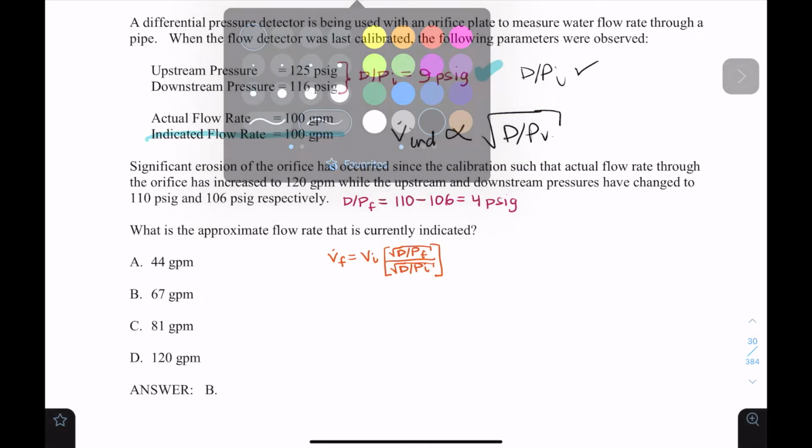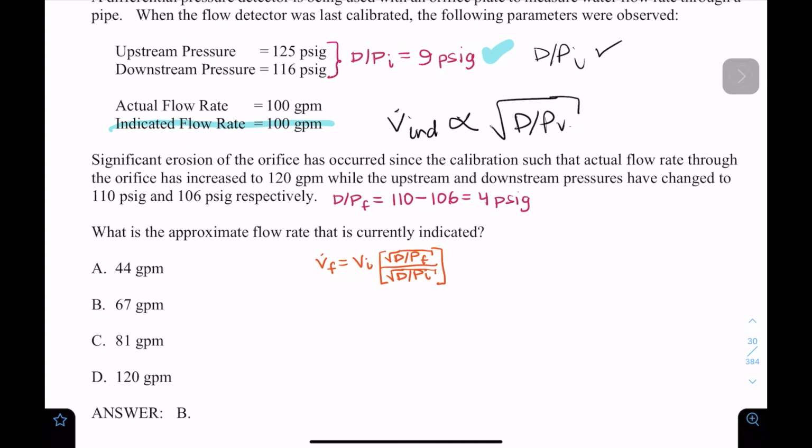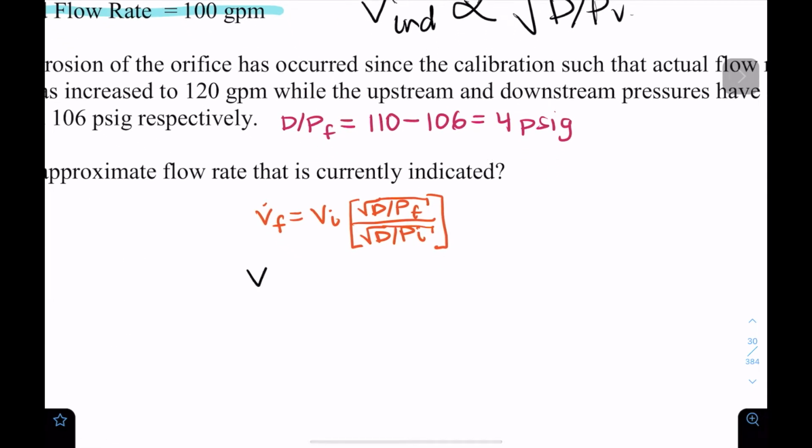And we use the same formula to calculate it. So we can use the ratio. We already rearranged our formula, so we use this formula for the volumetric flow rate final, because we already calculated the differential pressures. So we just need to plug in.